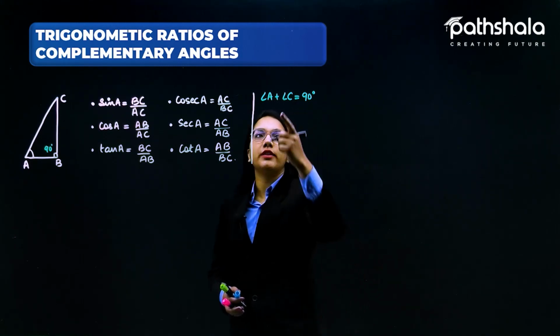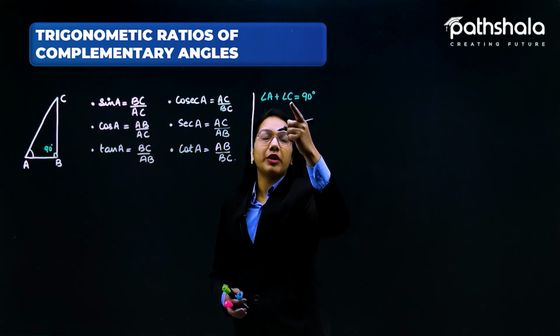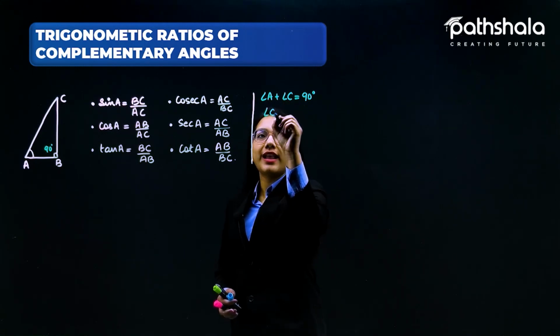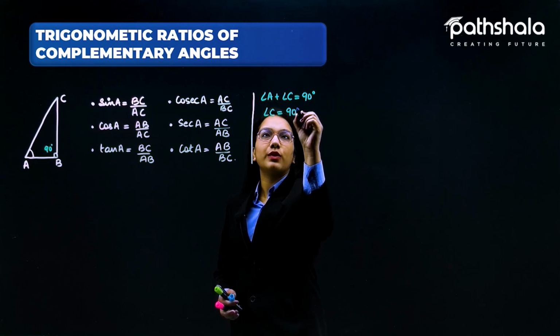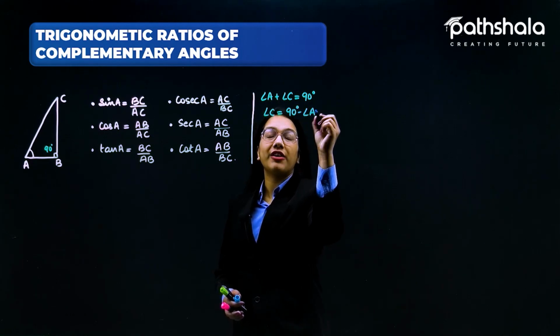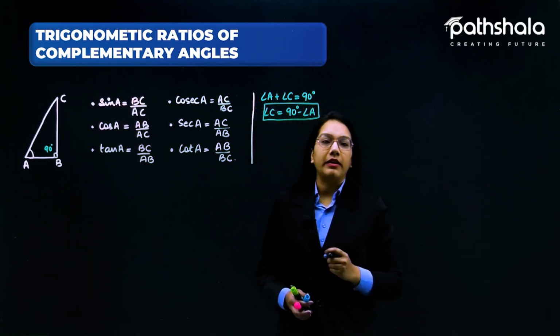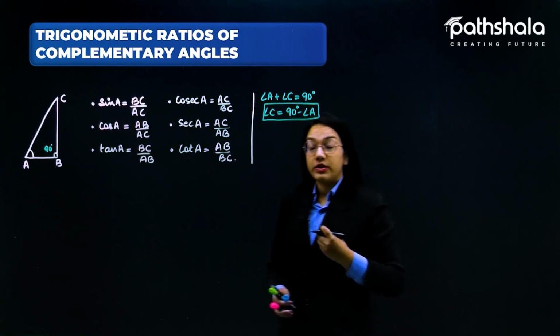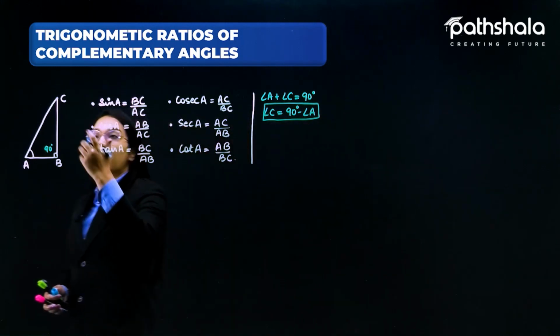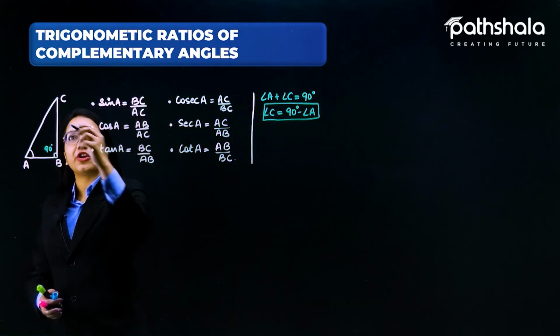Now let us consider the angle C. We know that angle C is equal to 90 degrees minus angle A. We can write angle C in this manner. Using this angle C, I am going to find all the trigonometric ratios one by one.